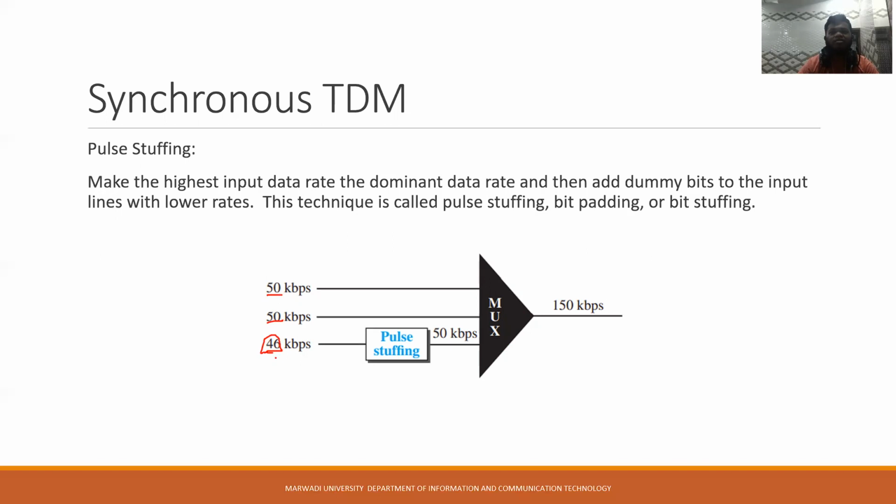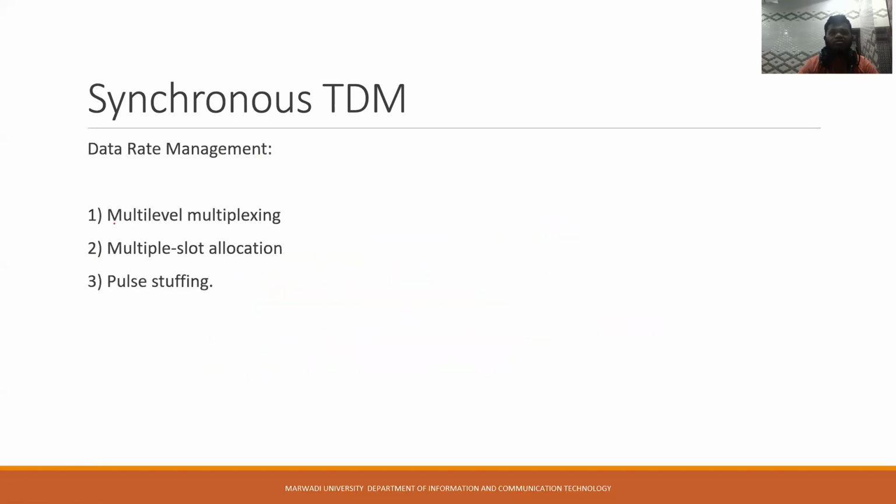We can add some dummy bits to this data, and those dummy bits would cause the increase in data rate to 50 kbps. And again, we have made it all equal, 50, 50, 50. So multiplexing is possible since we are adding the dummy bits. So it is called pulse stuffing, bit padding, or bit stuffing. So these are the three different data management techniques, that is multi-level, multi-slot, and pulse stuffing.